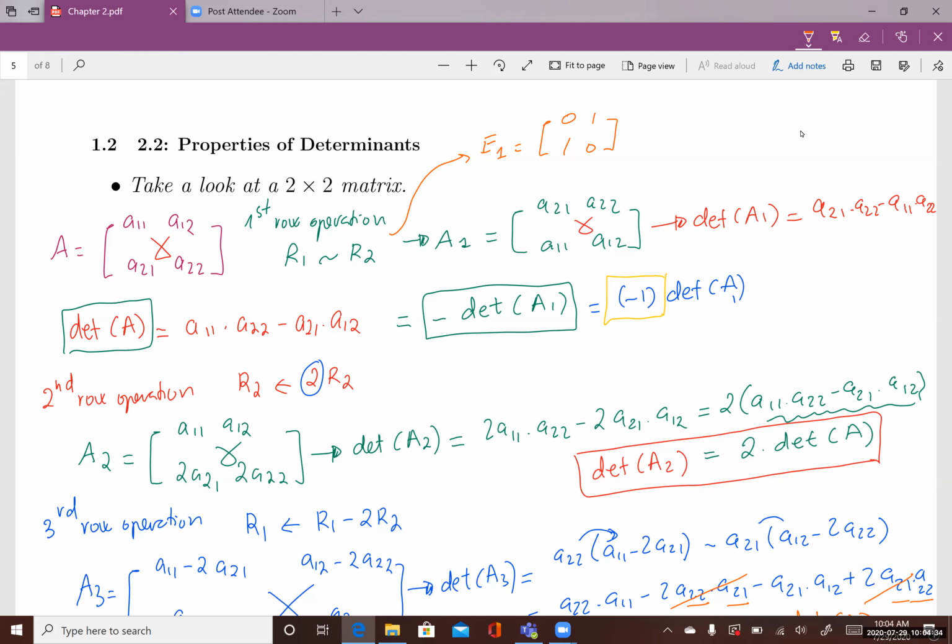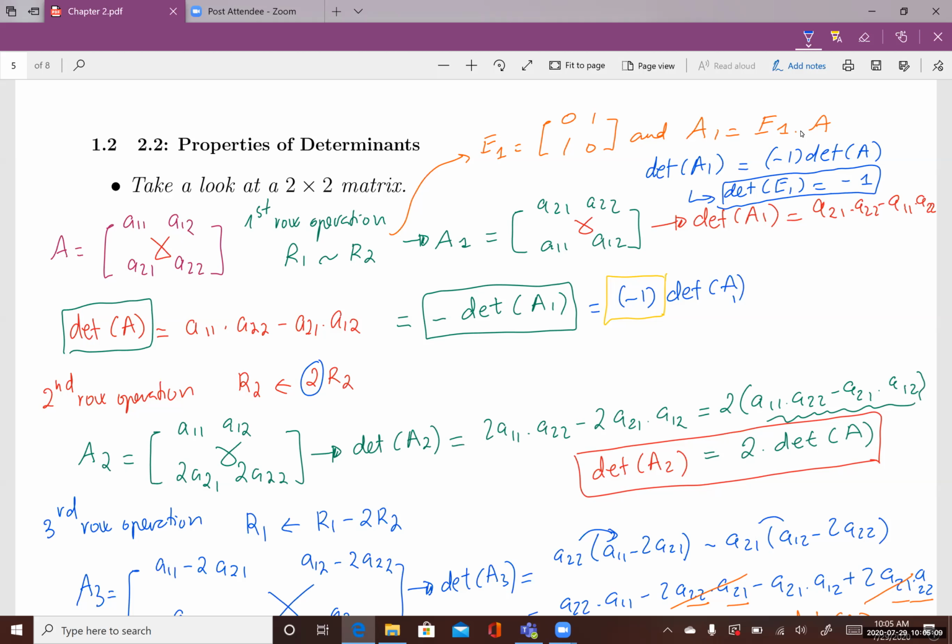And then you know that A1 equals E1 times A. And then we know that the determinant of A1 equals -1 times the determinant of A, which means the determinant of E1 equals -1.